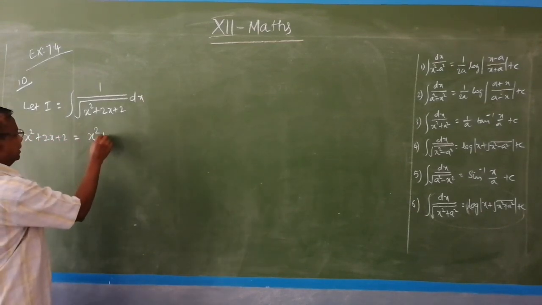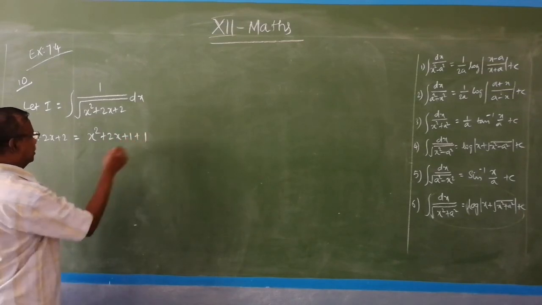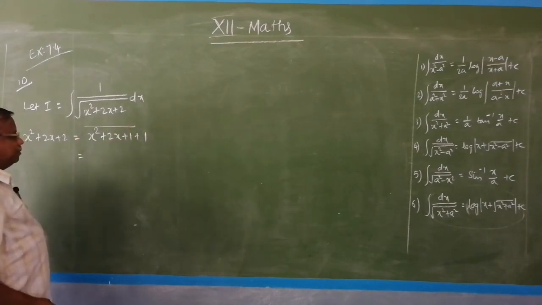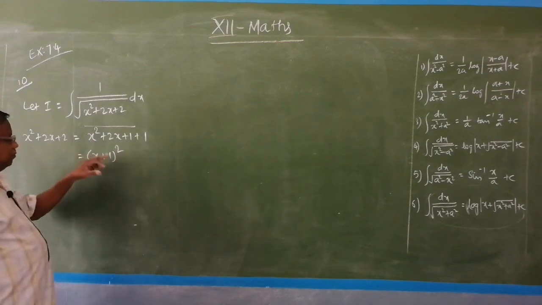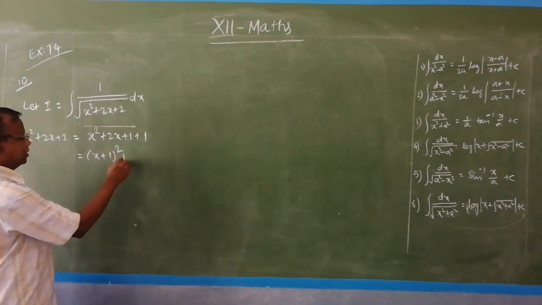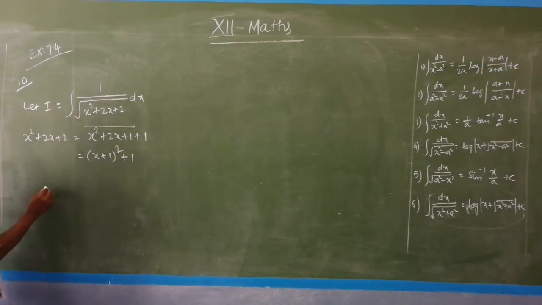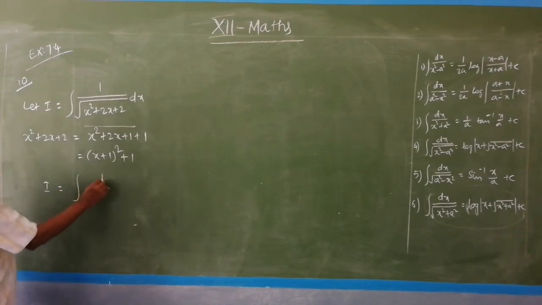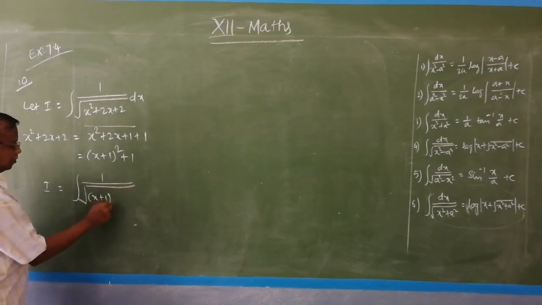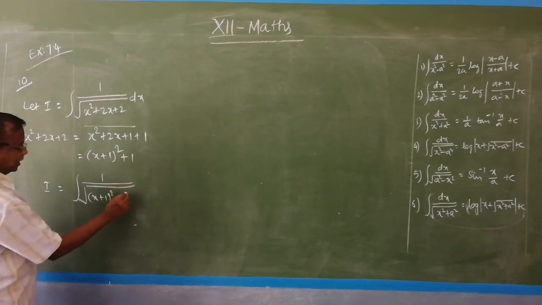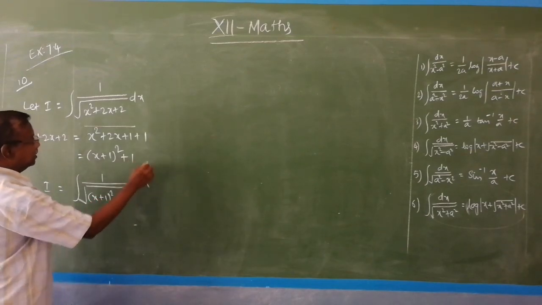This can be written as x square plus 2x plus 1 plus 1. The first part is a plus b the whole square, that is x plus 1 the whole square, that is a square plus 2ab plus b square, plus 1. Substituting here, I equal to integral 1 by root of x plus 1 the whole square plus 1, we can write 1 as 1 square, into dx.